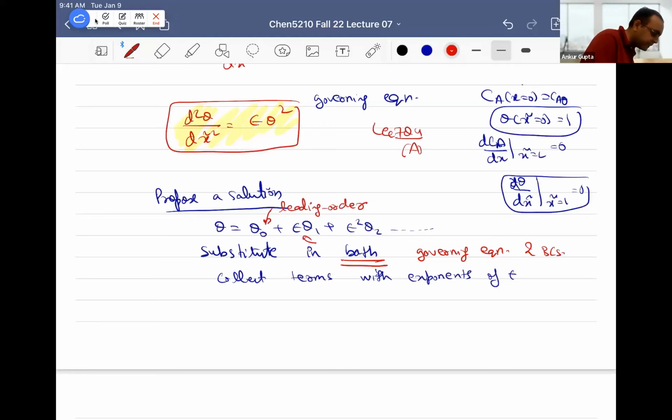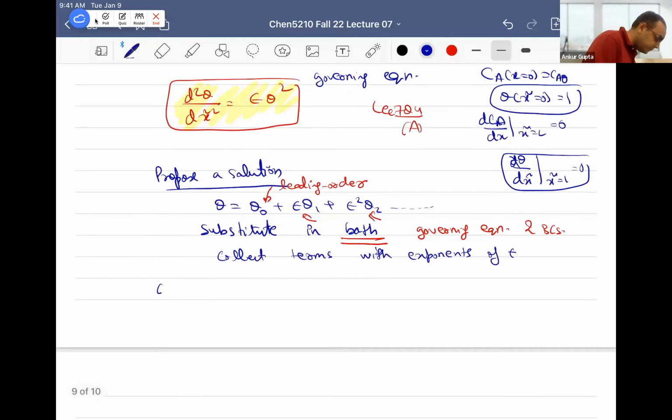Then this is the first order correction, this is the second order correction, and so on. So let's do that. It's d squared by dx squared of theta naught plus epsilon theta 1 plus epsilon squared theta 2, and so on, equals epsilon times theta naught plus epsilon theta 1 plus epsilon squared theta 2, and so on.